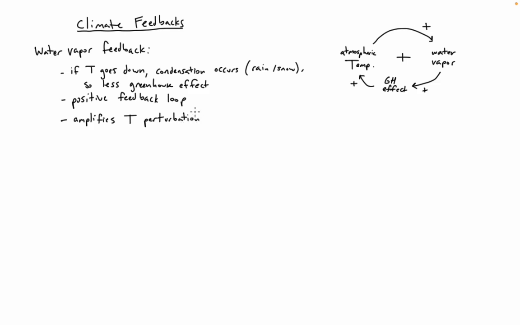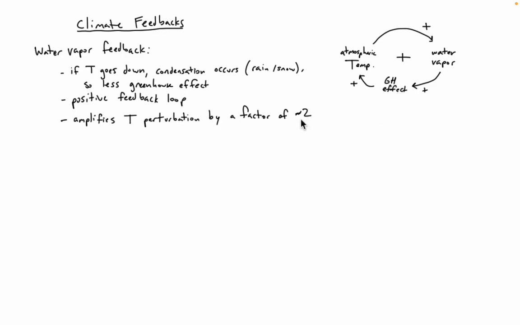So if we change the temperature because we add a bunch of CO2 into the atmosphere, this magnifies that by a factor of around 2. For example, if putting more carbon in the atmosphere raises the temperature 1 degree just based on the carbon, that warmer atmosphere will hold enough more water to raise the temperature another degree.